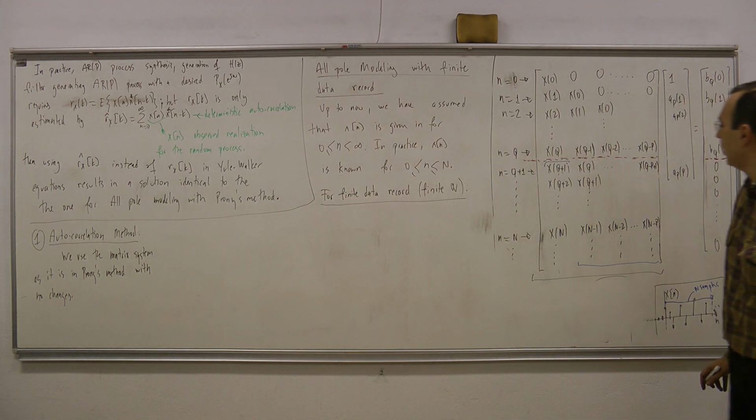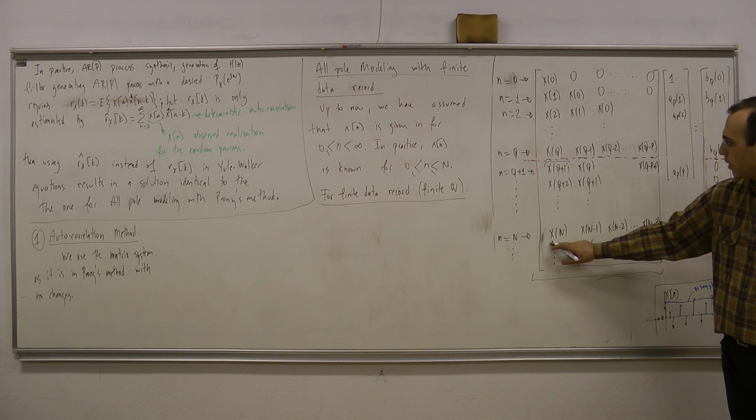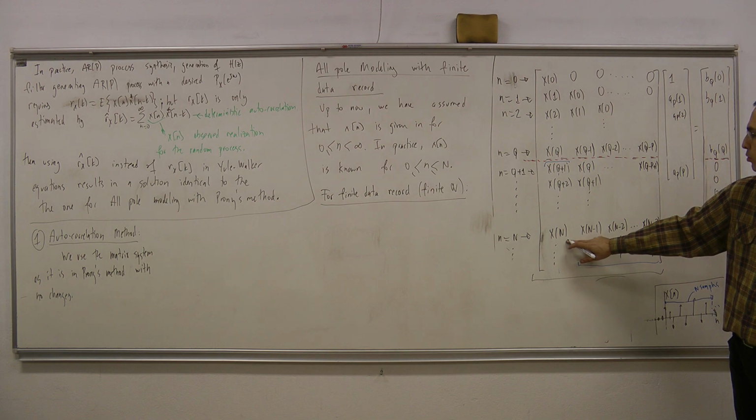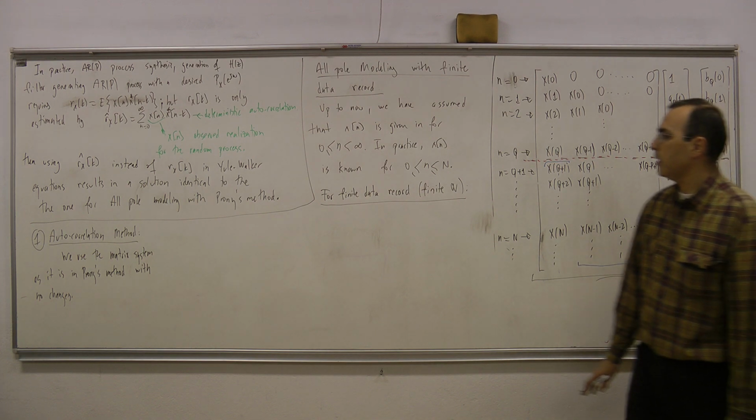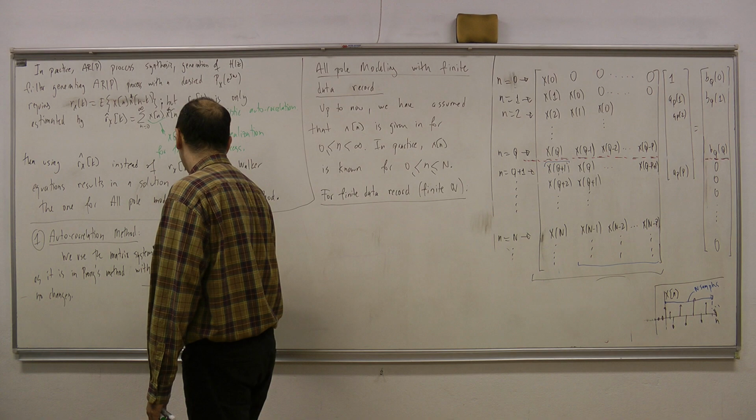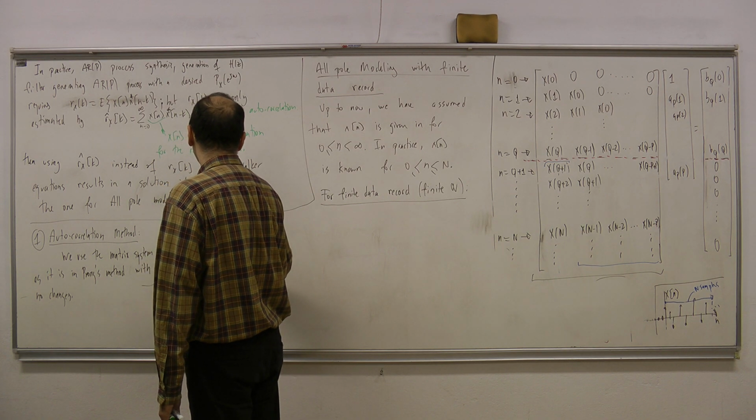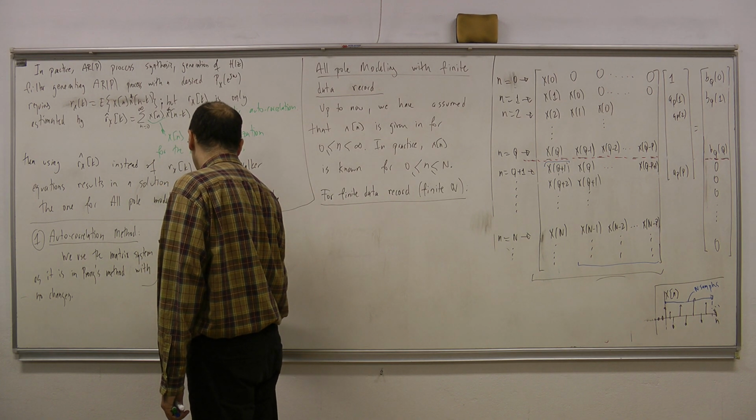So what does it mean? Now let's assume that my last sample is x of N. I don't know what happens afterwards. Then in this matrix equation system, this starts from x0, it goes to x of N.